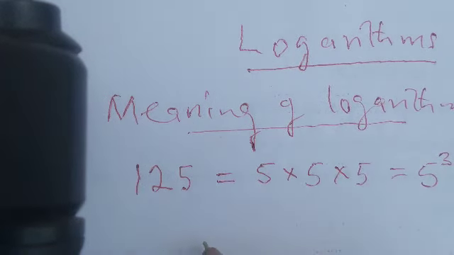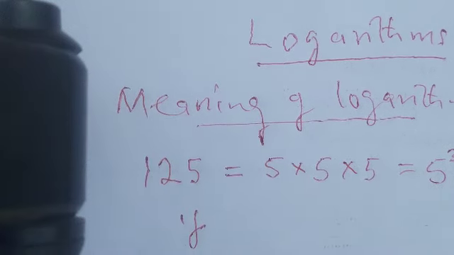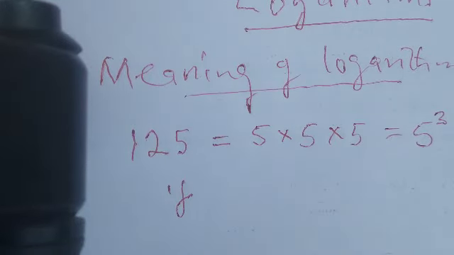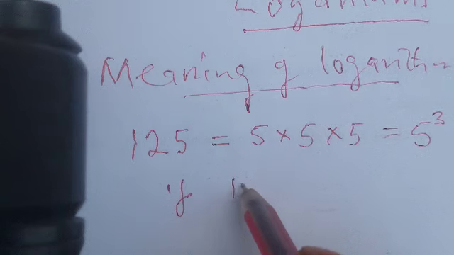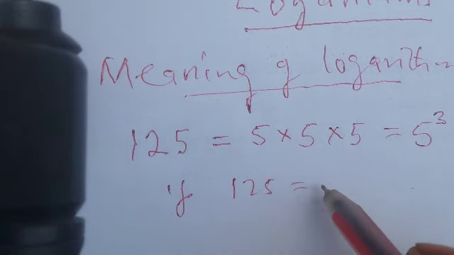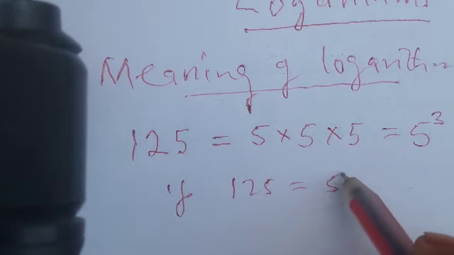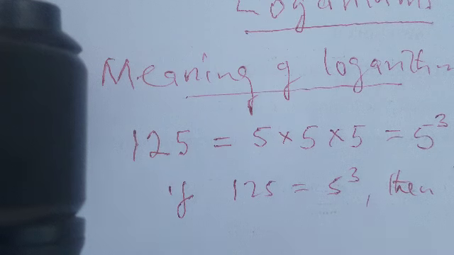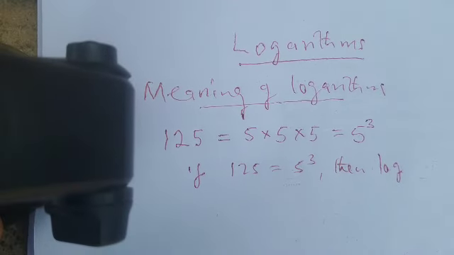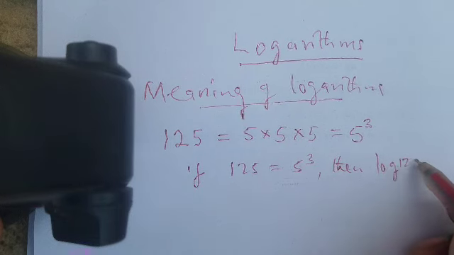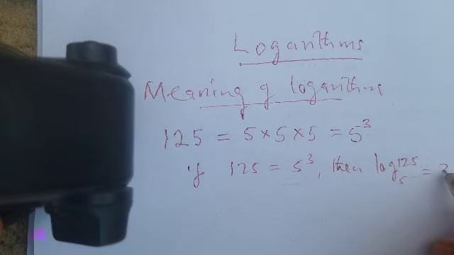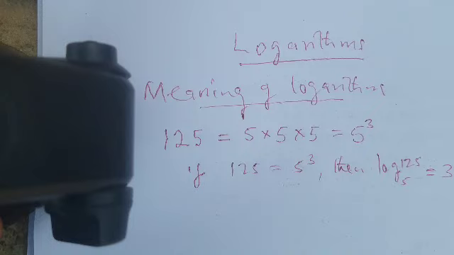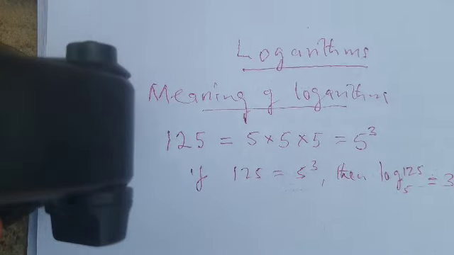And if 125 is equal to 5 raised to 3, then we are going to say that log 125 base 5 is the same thing as 3. That is the meaning from the indices.